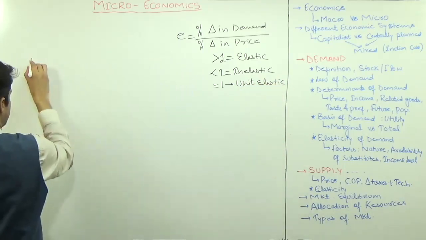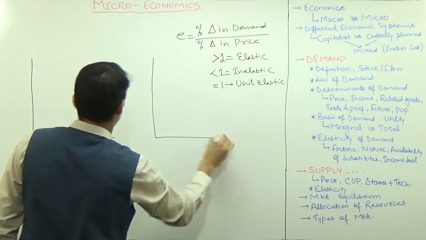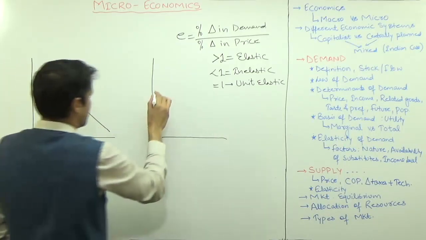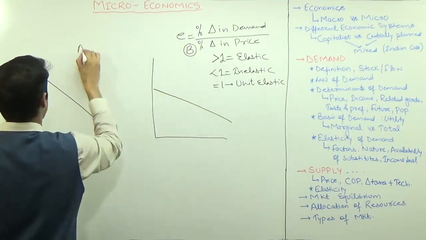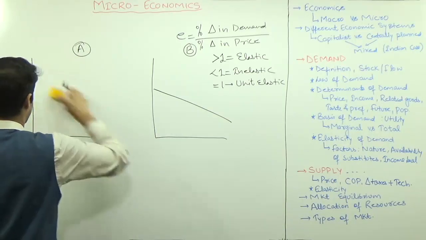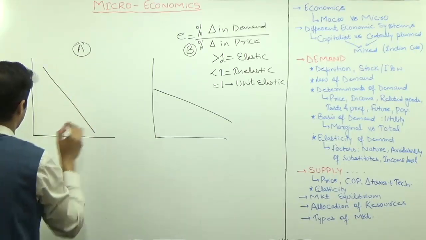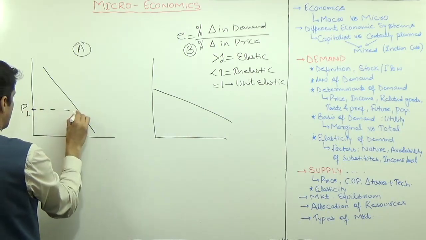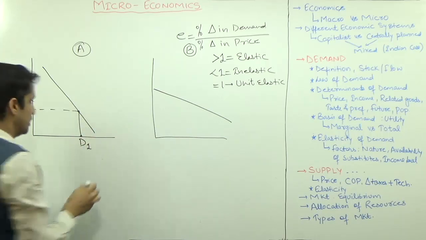And the graph is like this. Suppose this is the demand, this is for commodity B and this is for commodity A. Suppose this is price P1. At price P1, this is demand D1.